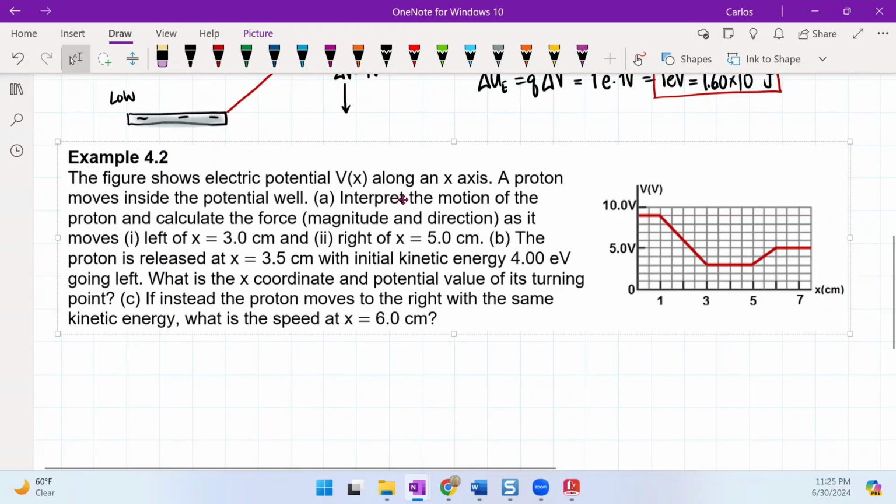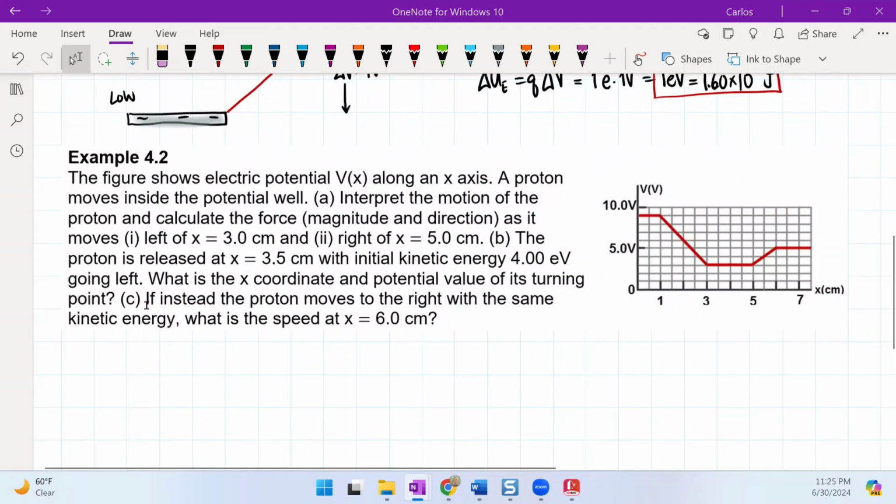We want to interpret the motion. There's some other stuff here, but let's just focus on A. The first thing in A is that we want to interpret the motion of the proton, and then we'll go calculate this other stuff. So for this potential, we want to interpret the motion. So let's go do that.